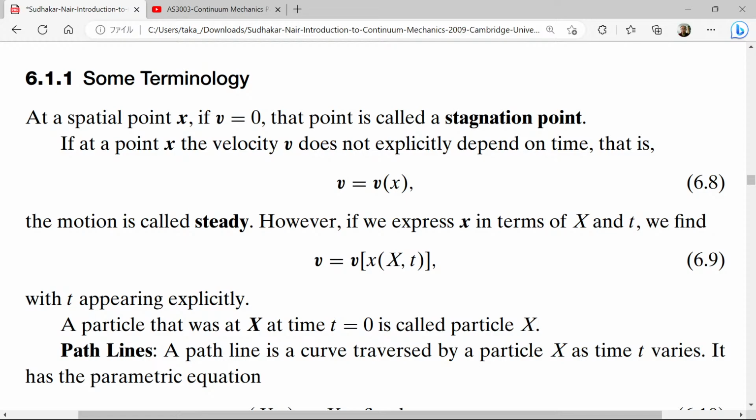A particle that was at x at time t equals 0 is called particle x.